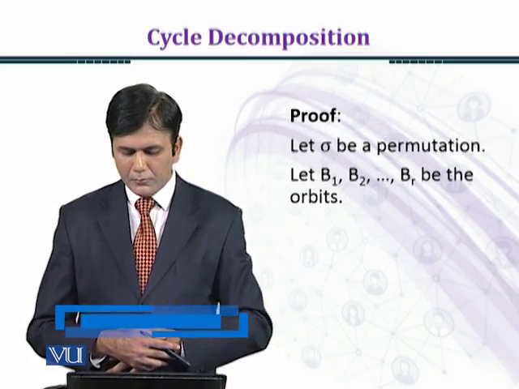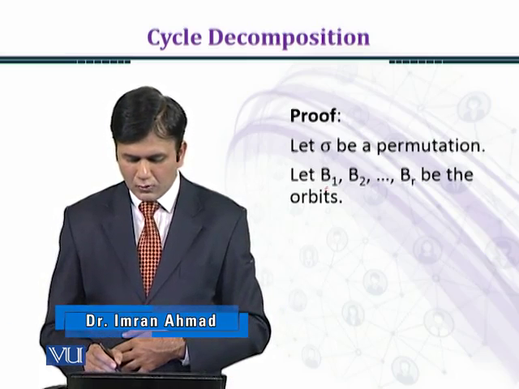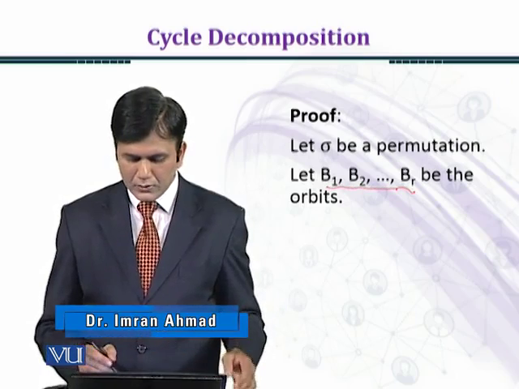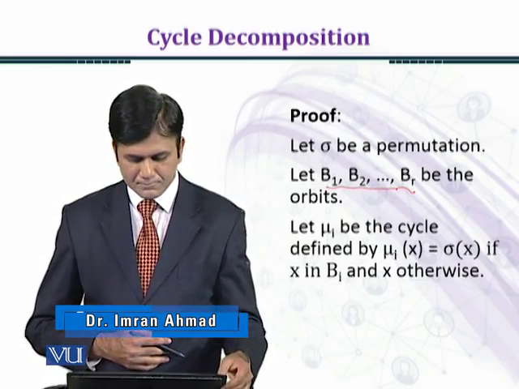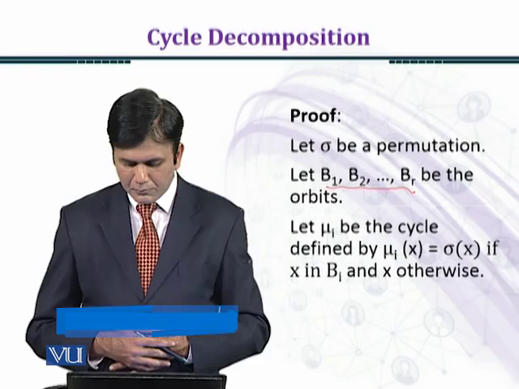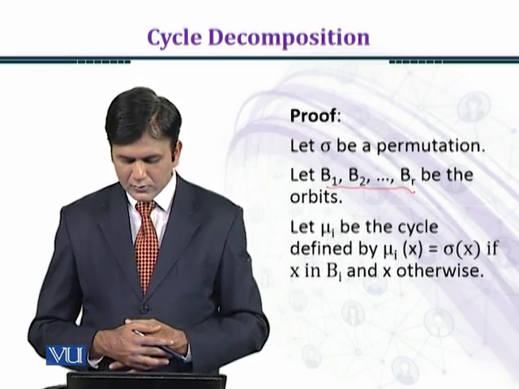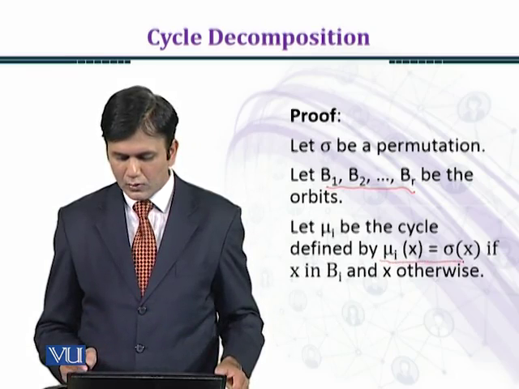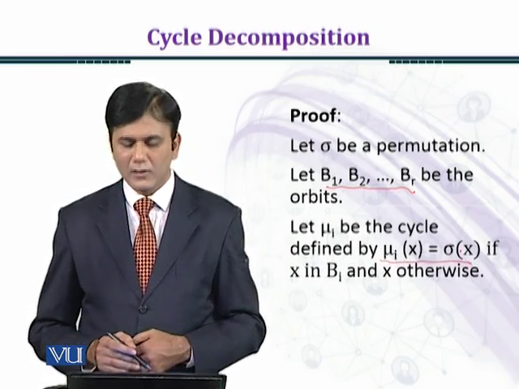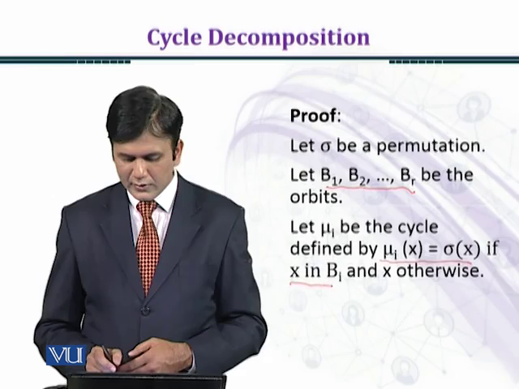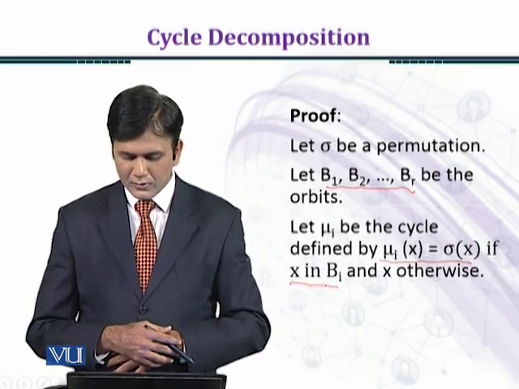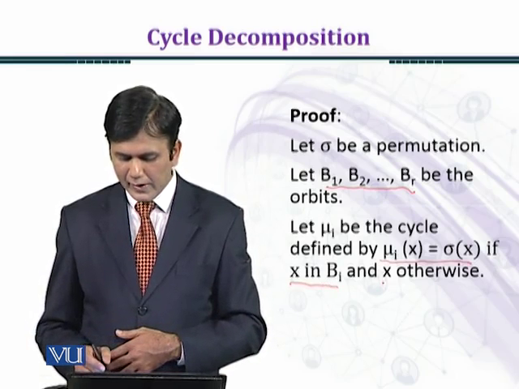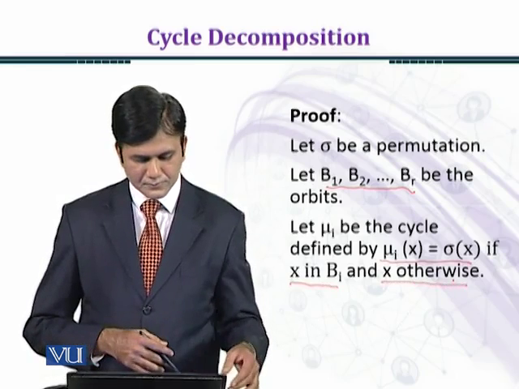Let B1, B2 up to Br be the orbits. Let mu i be the cycle defined by mu i x equal to sigma x if x is in B i, the orbit, and x otherwise.